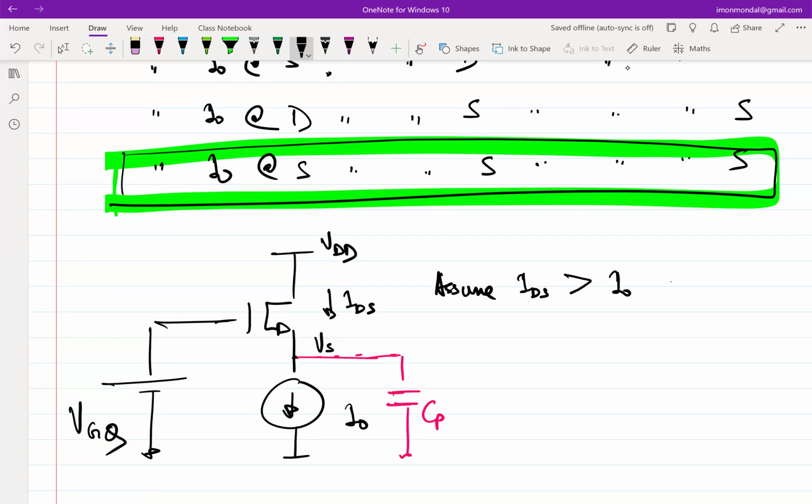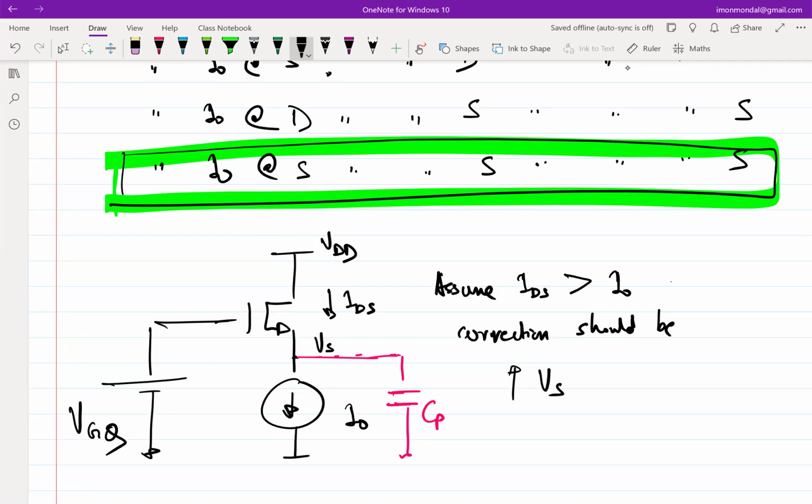So if we continue the argument now, as he rightly pointed out, if IDS is greater than I naught, it essentially means that the corrective action should be to increase Vs. Correct? Do you agree with the argument?